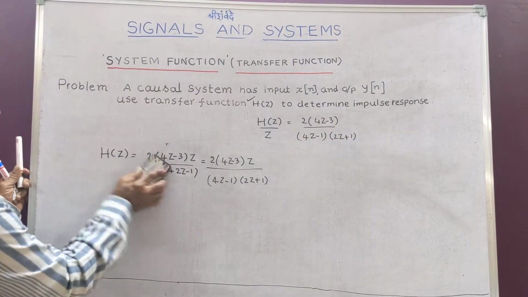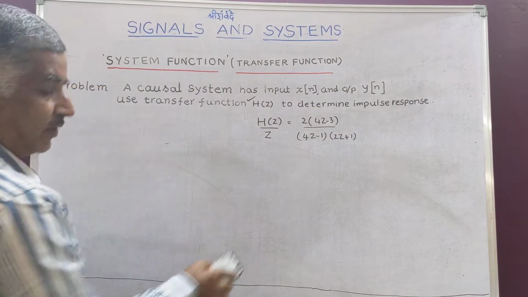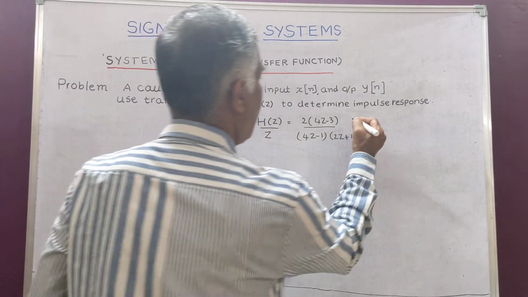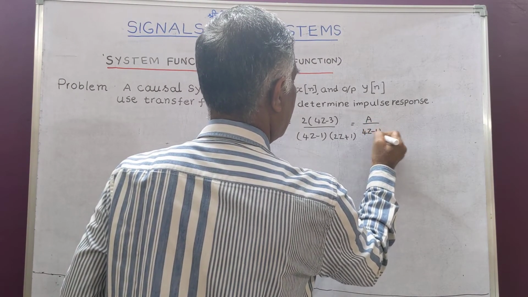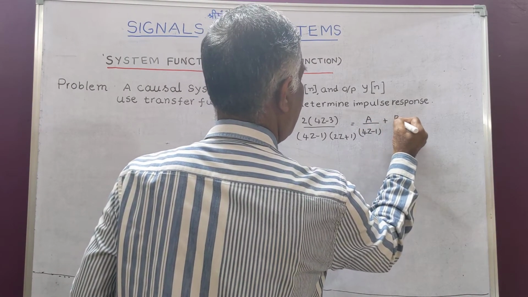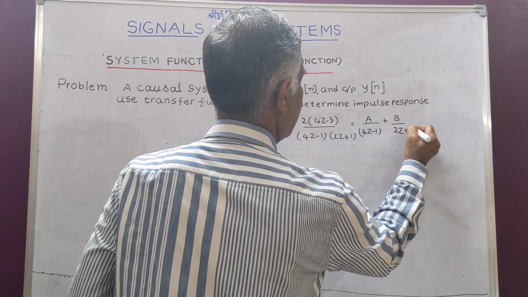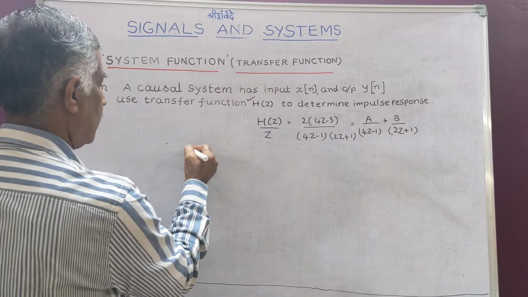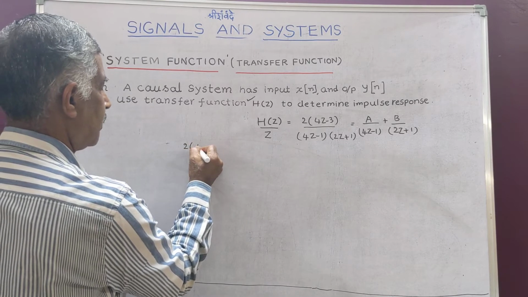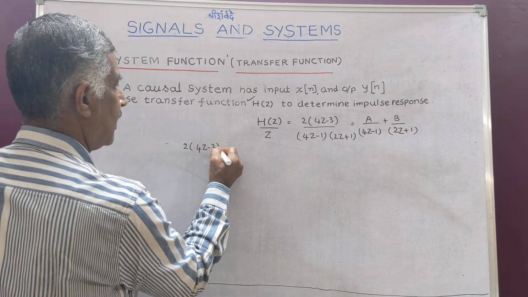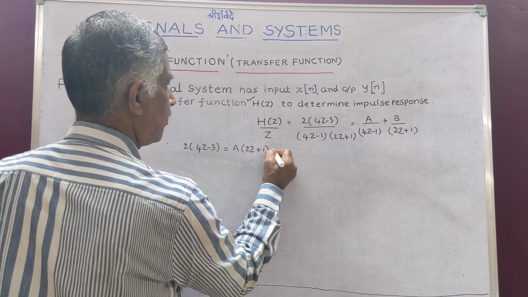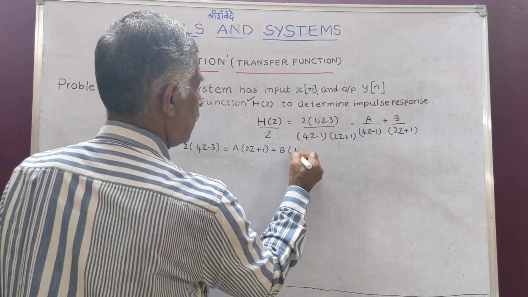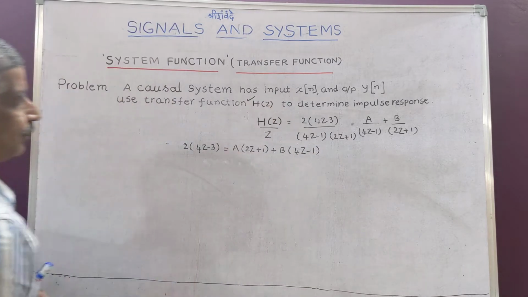Now going into partial fractions, A/(4z − 1) + B/(2z + 1), and 2(4z − 3) = A(2z + 1) + B(4z − 1).